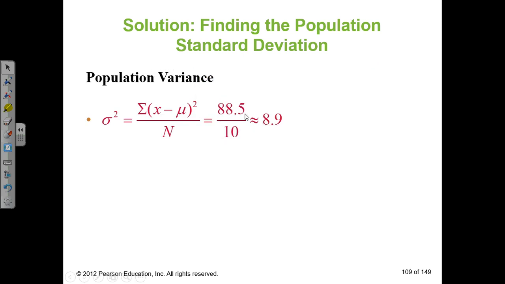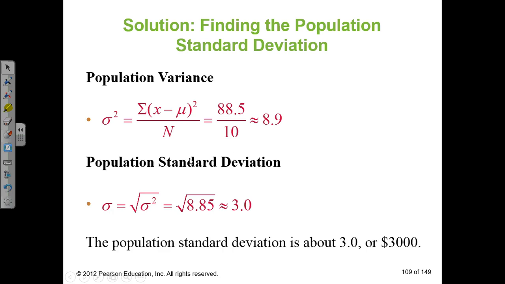To find the population variance, we take 88.5 and divide by 10 because we had 10 numbers, and we get 8.9, but that's 8.9 square dollars, and we would really like to have our original units of dollars. So we take the square root of that value, and we get approximately 3. So the population standard deviation is about 3,000, or in other words, the average deviation from the mean is about $3,000.